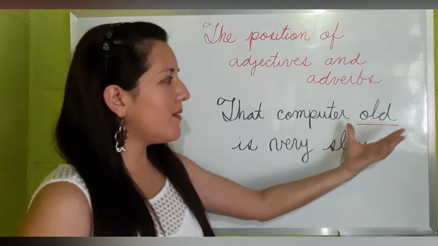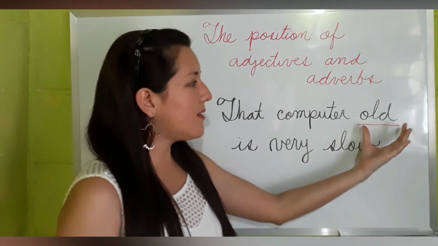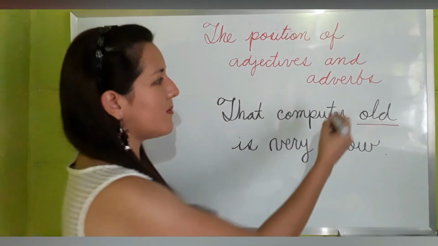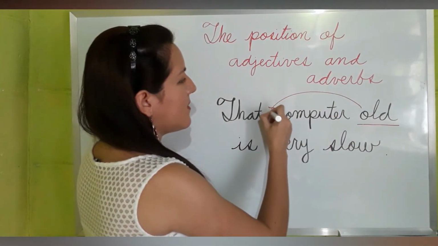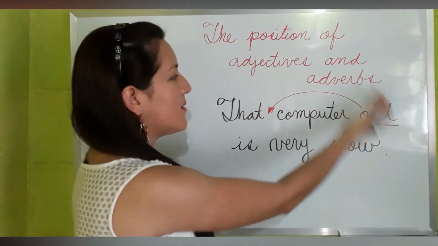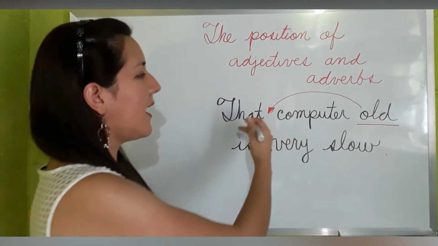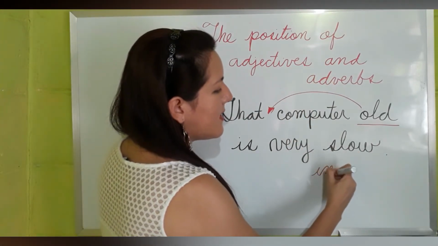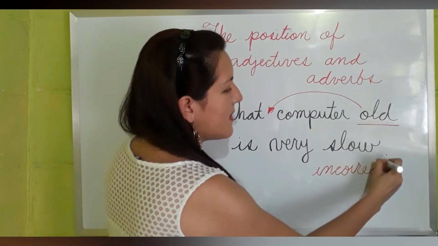We can identify the adjective, that is old, and we notice that it's not in the correct position. It has to be before the noun that it modifies. In this case, old describes computer, so it has to be before this noun. That old computer is very slow. Therefore, this sentence is incorrect.